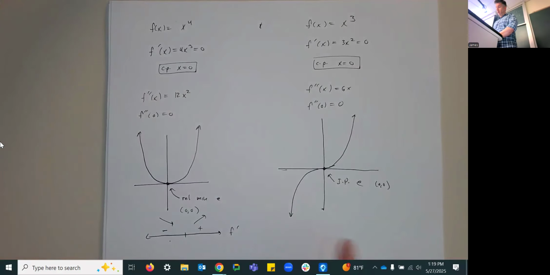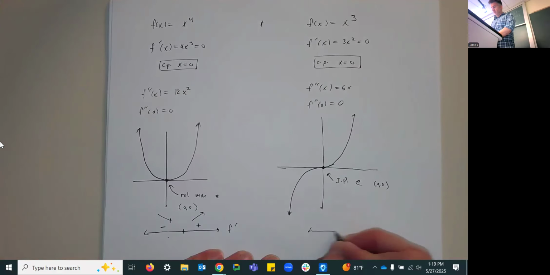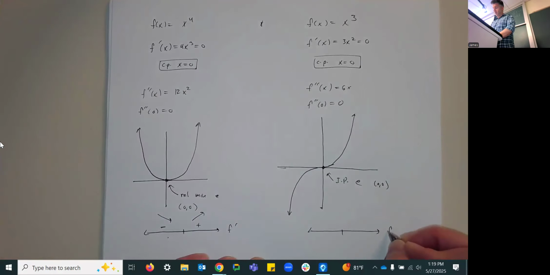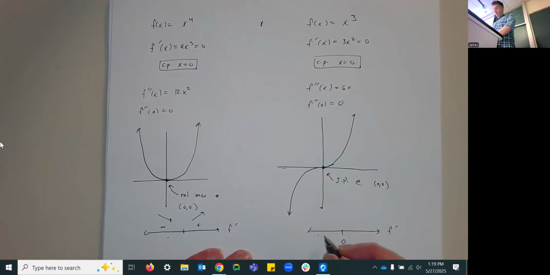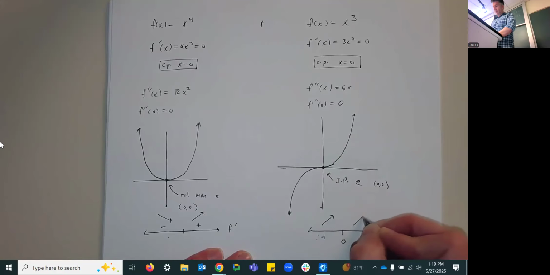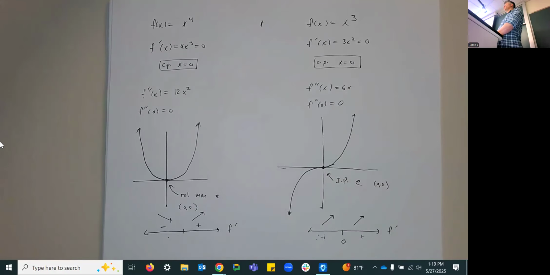On the other hand, over here, although it doesn't tell us we have an inflection point, it tells us we don't have a relative max or min, because for my first derivative over here, my only critical point is 0, and if I pick a number on the left, the derivative is going to be positive. Pick a number on the right, the derivative is going to be positive. So this function is increasing, increasing. So we know we definitely don't have a relative min or relative max at the origin. And then if we took the second derivative, set it equal to 0, and then tested the concavity, we would find that we have an inflection point.